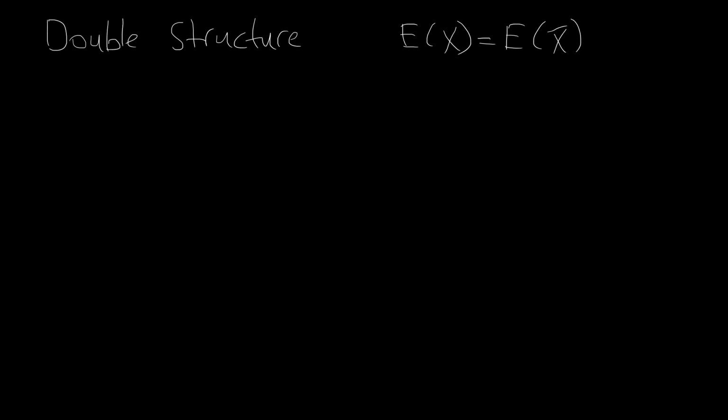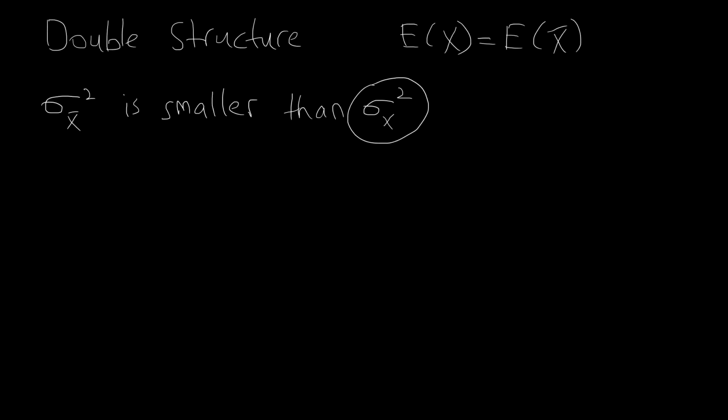So in this video, that is the third part, we're going to prove that the variance of the distribution of x bar is smaller than the variance of the distribution of x, that is the random variable.